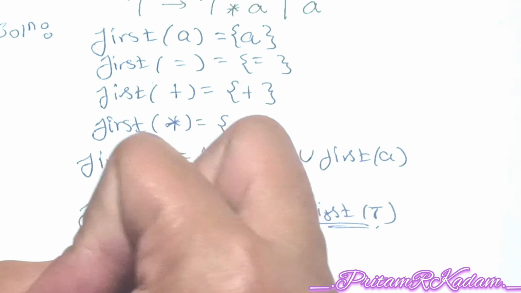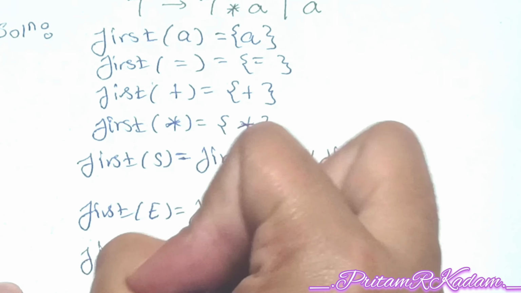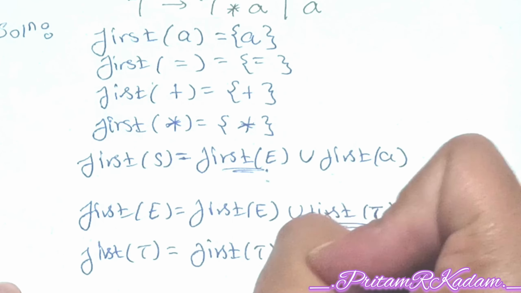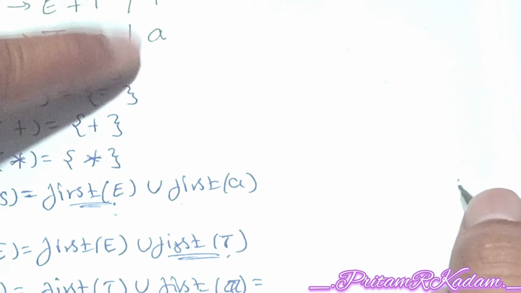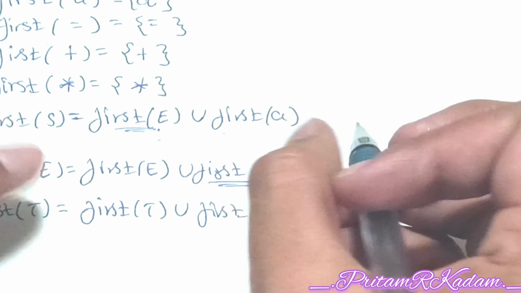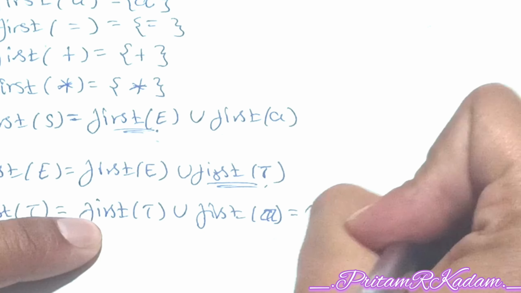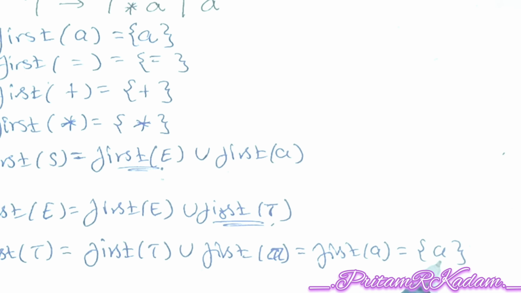First of T equals first of T union first of A, which is only first of A, which is a only, as we have found earlier. So first of T is a, the terminal.